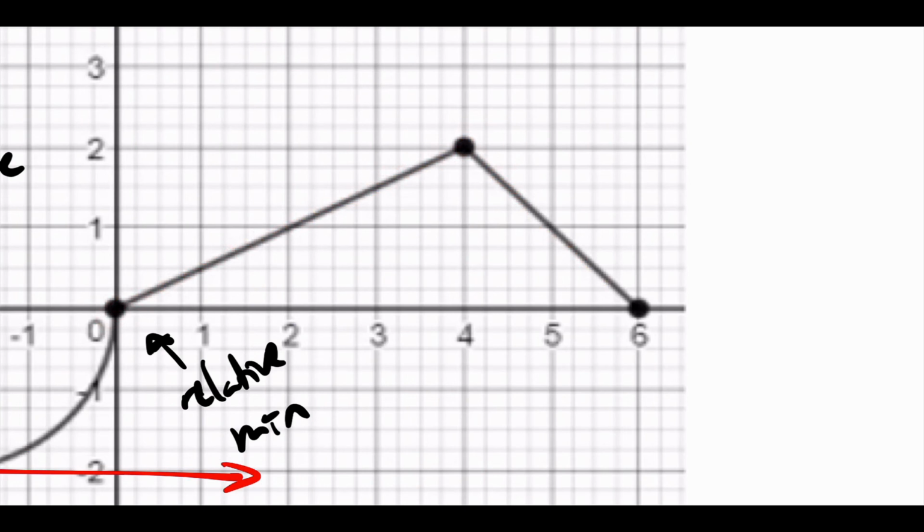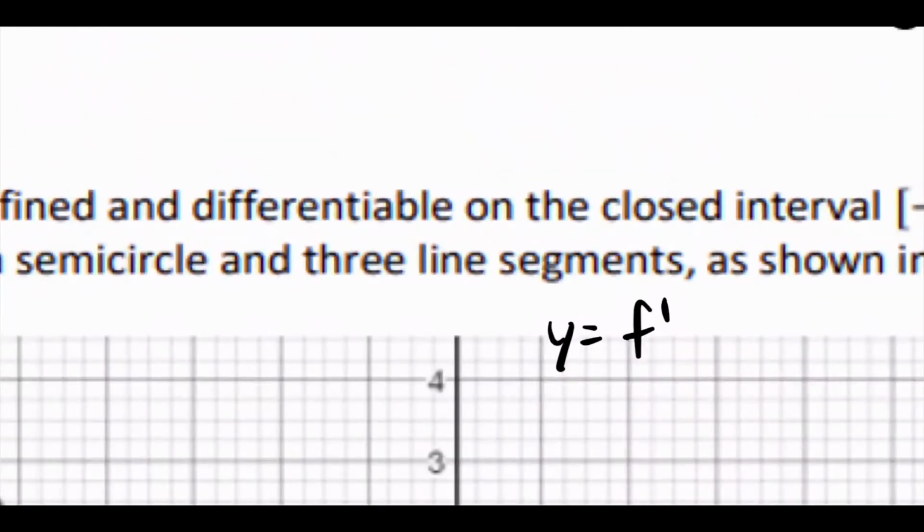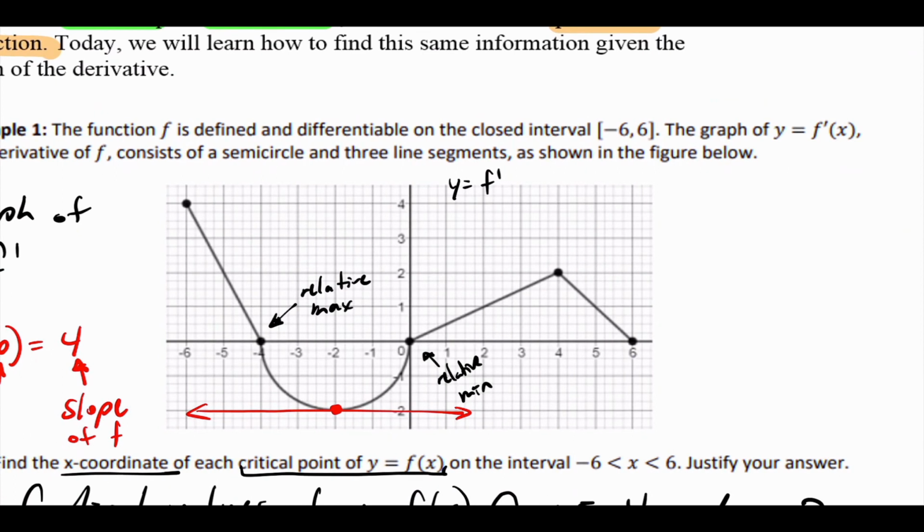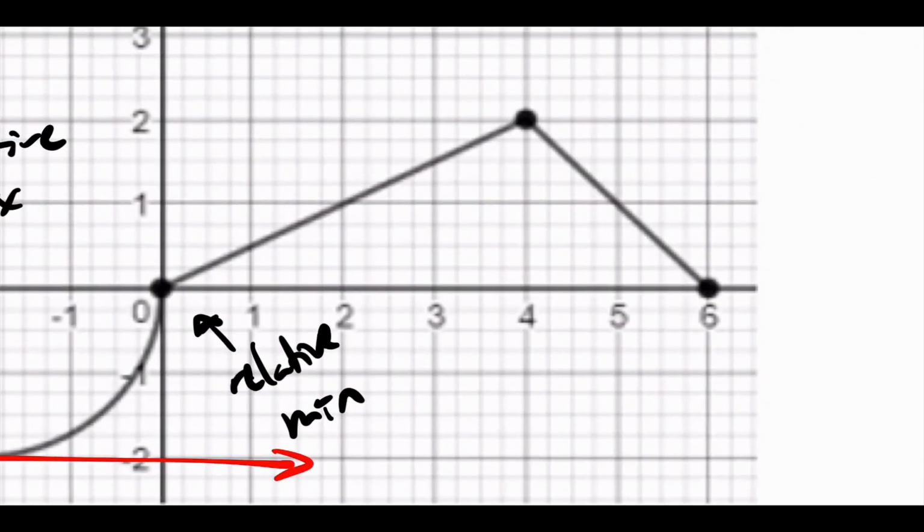But doesn't the problem at the top say it's differentiable? That's a good point. At the very beginning, it says f is differentiable. We aren't talking about f, right? What are we talking about? f prime. So f prime is not differentiable at 4.